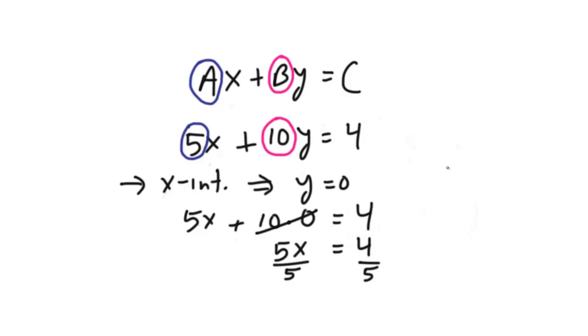The 5 and 5 go to 1, so x is equal to 4 over 5. So that tells you that the x-intercept will happen at (4 over 5, 0). So the line will cross the x-axis at (4 over 5, 0). And that's your x-intercept. And we're done. And we're happy. Big smile.